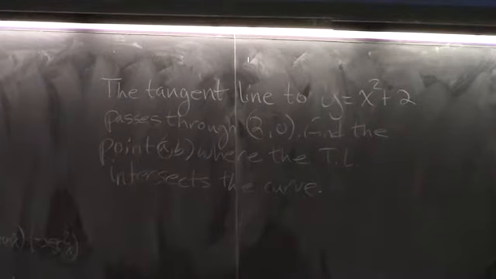The tangent line to y equals x squared plus 2 passes through the point 2 comma 0. Find the point A comma B, which will be on the curve, where the tangent line intersects the curve. We did a couple of these yesterday, and Wednesday also, I forget. Definitely yesterday. Which, of course, you could watch in the video, which was up at some point today.